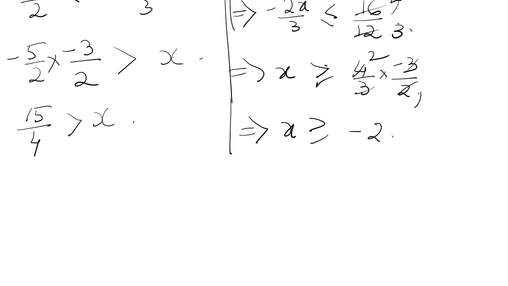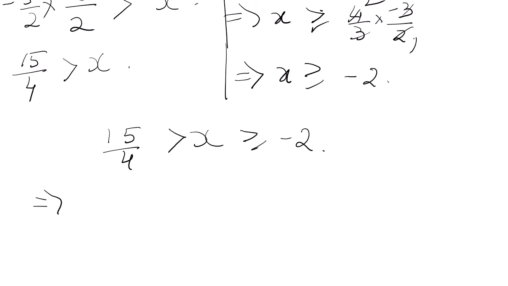So when you combine, x is less than 15 upon 4 and greater than or equal to minus 2. If you convert into mixed fraction, it will be 4, 3s are 12, 15 minus 12 is 3, so 3 3 upon 4 is greater than x is greater than or equal to minus 2.